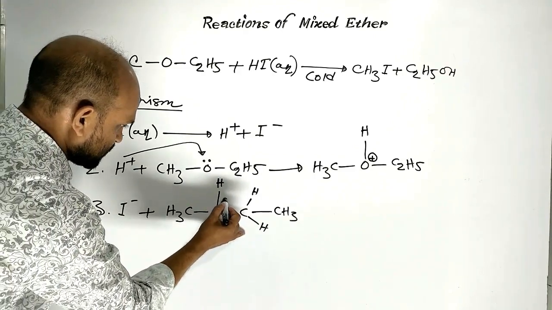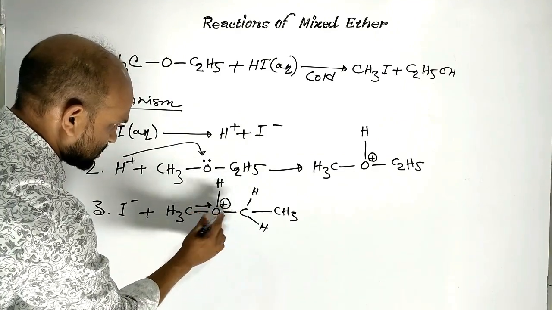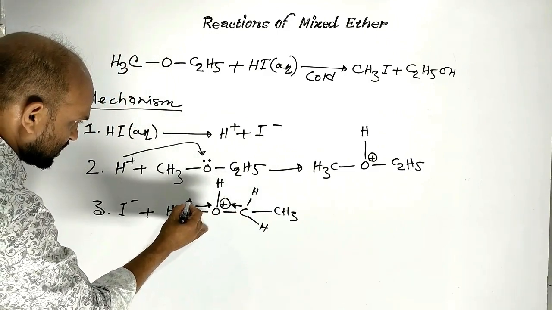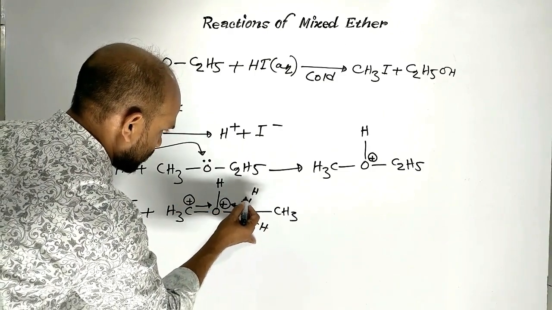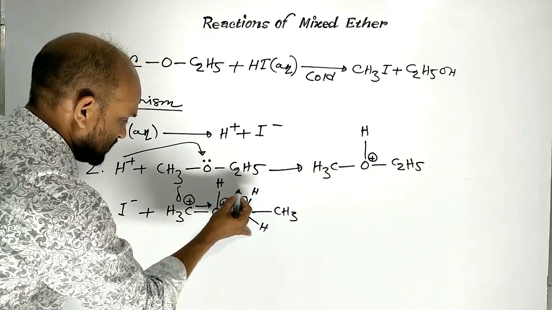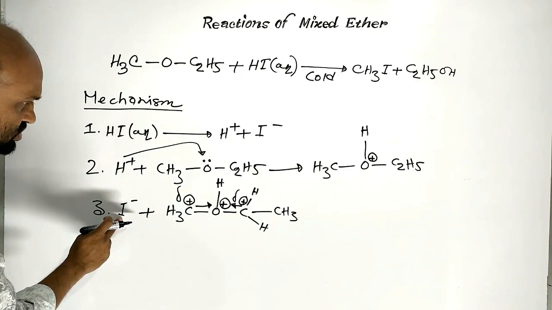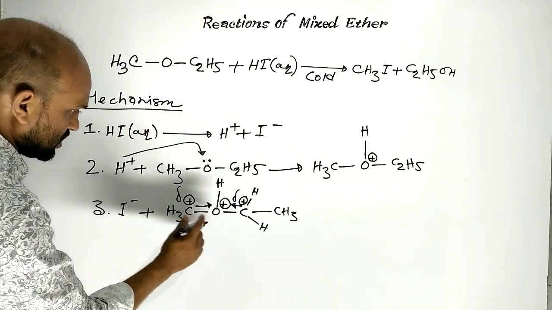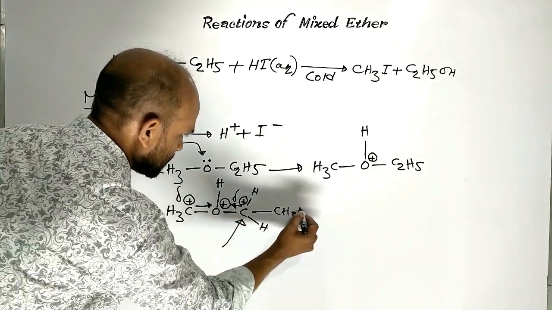Because of this positive charge, electrons move towards this oxygen, and as a result this carbon becomes positive in charge. At the same time, this carbon gets partially positive in charge. That is why this iodide ion gets chance to attack this carbon and this carbon, but this carbon is linked up with B group.